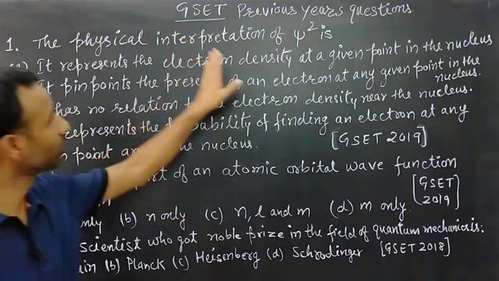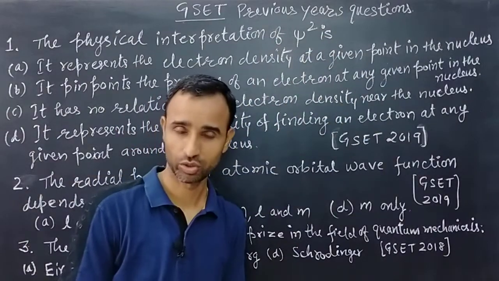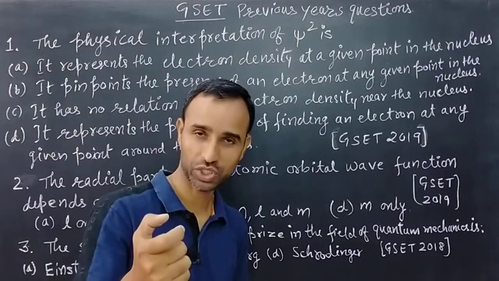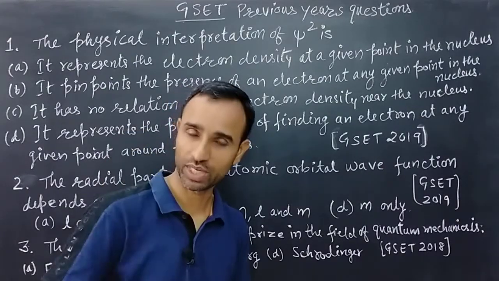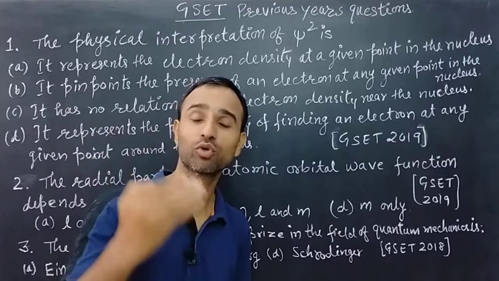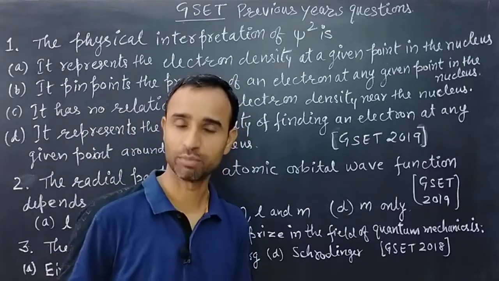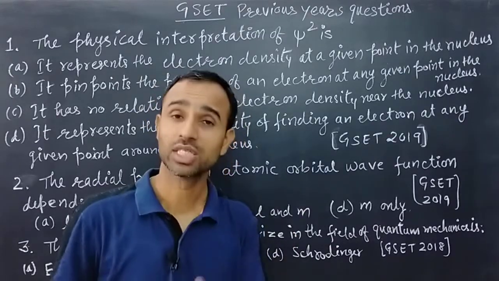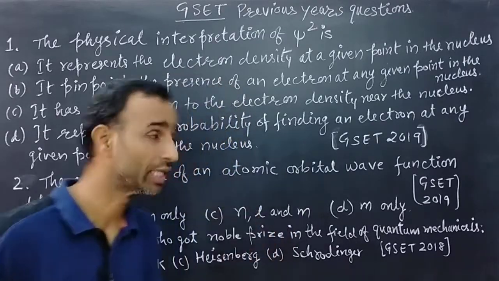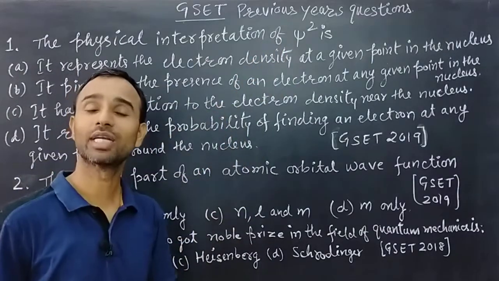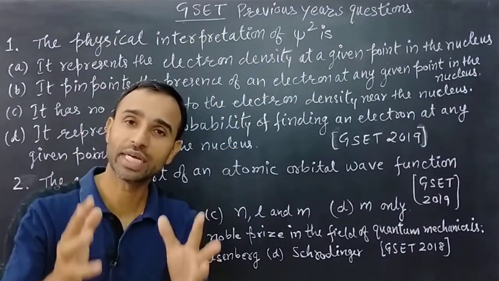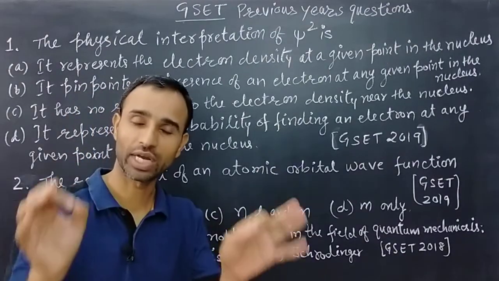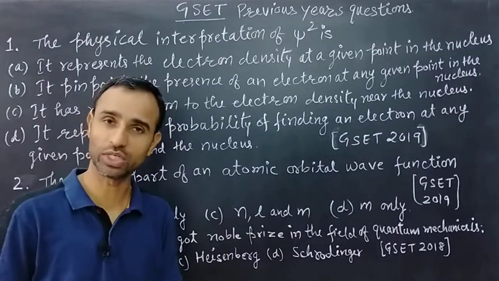The physical interpretation of psi square is, you know, psi is wave function that represents atomic orbital and means amplitude of the wave function. It may be plus or minus, and that has no physical significance. Psi has no physical significance, but psi square represents probability of finding an electron at a particular point in or around the nucleus.